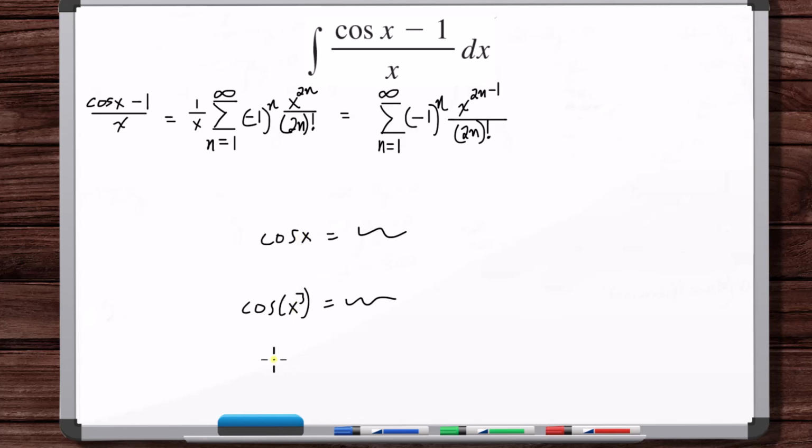But now you set it like this, the radius of convergence is infinity. So now the radius of convergence would still be infinity because, okay, let's say the radius of convergence hypothetically was 1 here or 2. Then you would say that means that the absolute value of x is less than 2. That's what this means. So here you would say the absolute value of x cubed is less than 2 and solve for x.